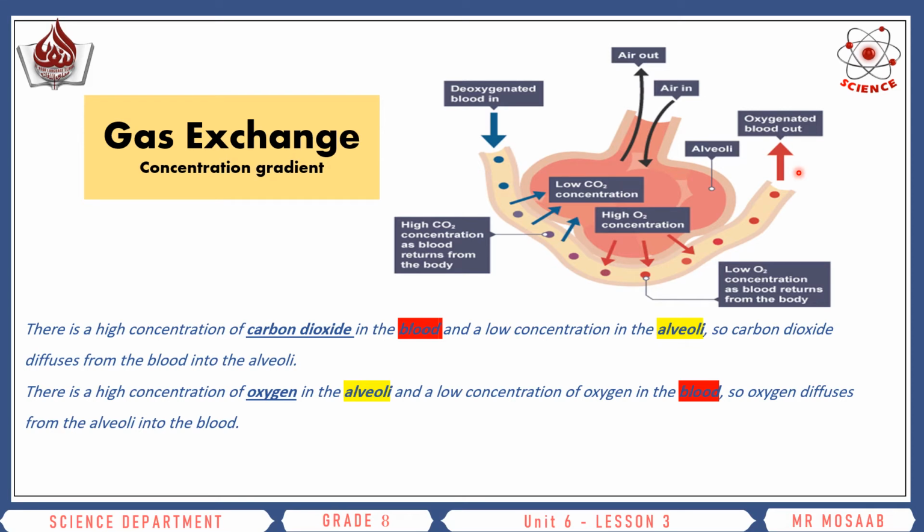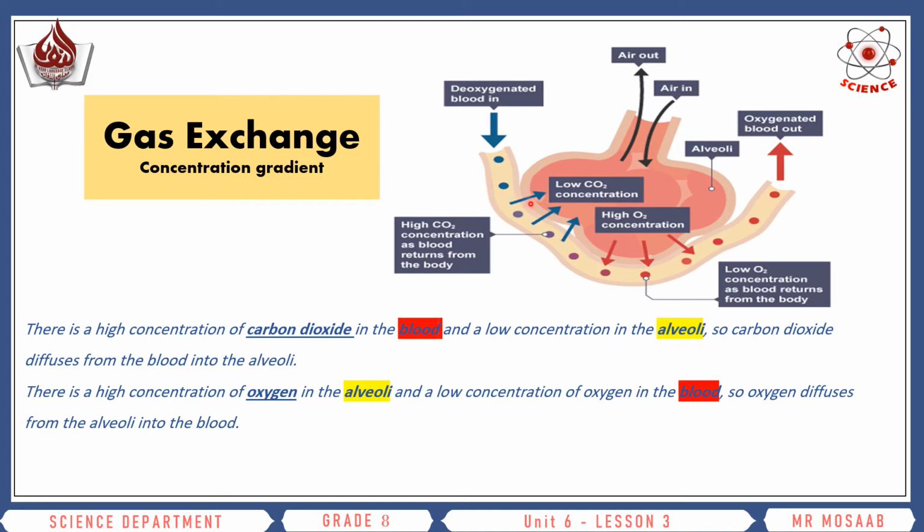Now, some of you will ask, Mr., what is the relation between concentration gradient and gas exchange? Of course, the main reason carbon dioxide diffuses from here to here is that carbon dioxide in this area is always high concentration.